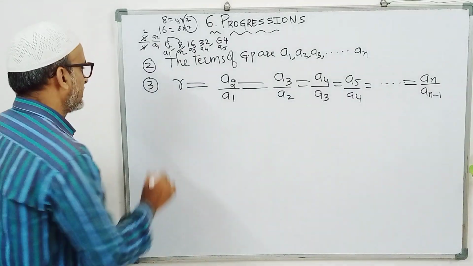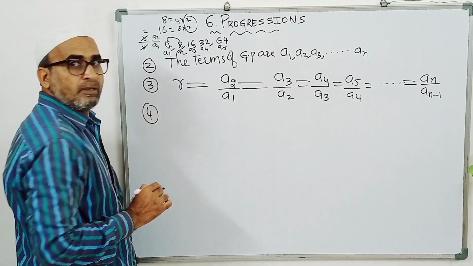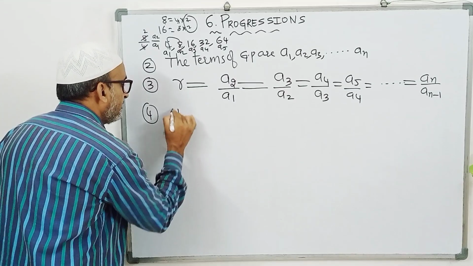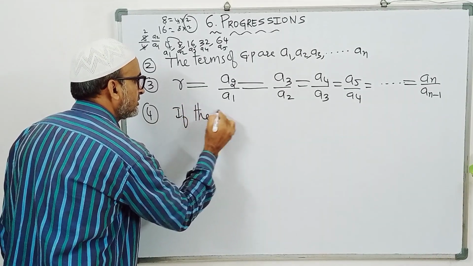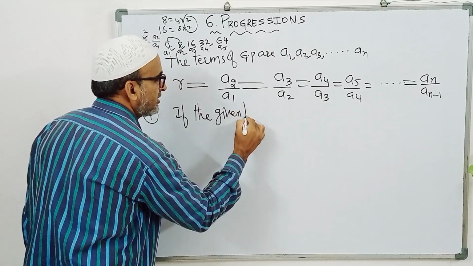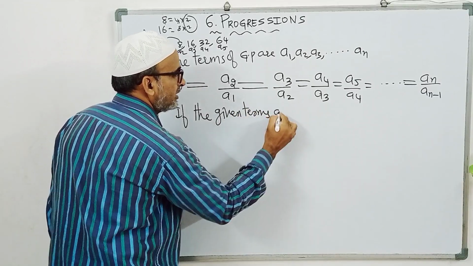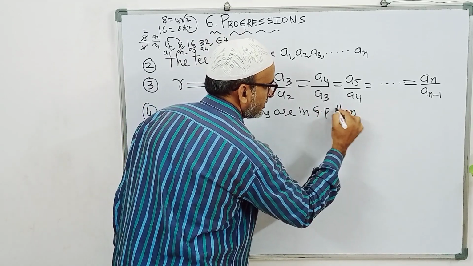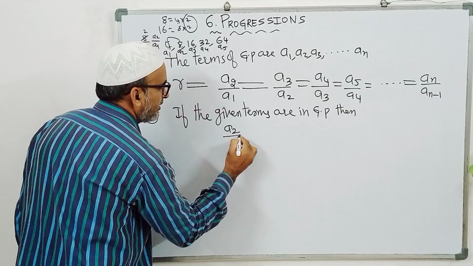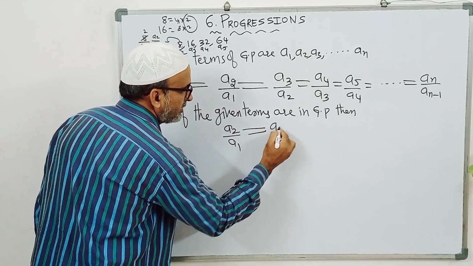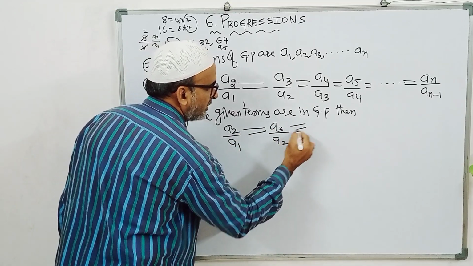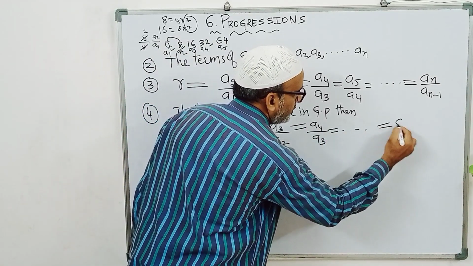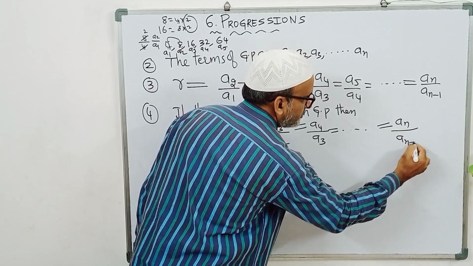This is third. Next is fourth one. Very important. What is important means here, if the given terms are in GP, then the condition is A2 by A1 value will be equal to A3 by A2, this value will be equal to A4 by A3, so on this value will be equal to AN by AN minus 1.